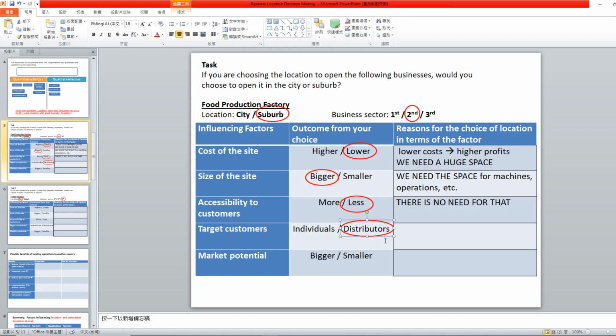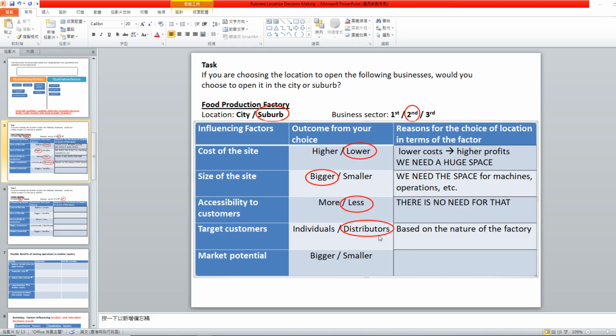You are going to sell your goods to other shops and distributors in batches. It really is based on the nature of the factory.